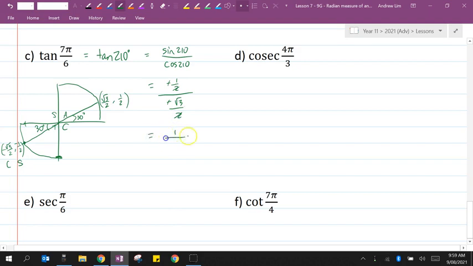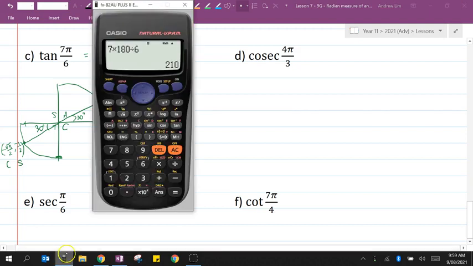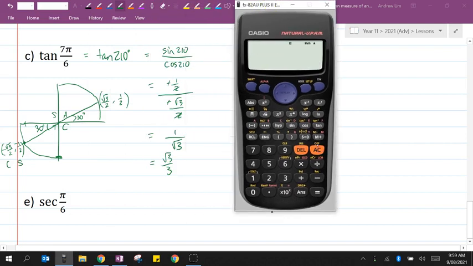So I'm left with 1 over root 3, or root 3 over 3. Okay, we can check our answer. Tan of 210 is 0.577. And if we have root 3 over 3, 0.577. Good.